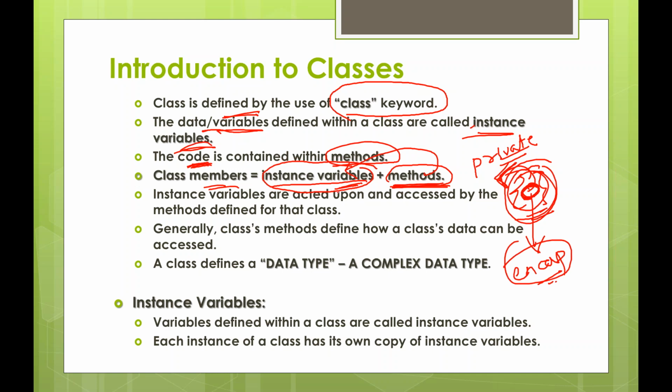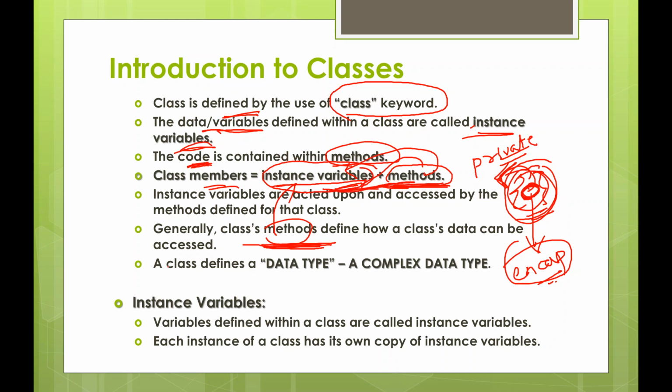Similarly, the class also provides a form of encapsulation. Generally, using methods only, we allow the data of a particular class to be accessed. So through these methods only, we access this data.